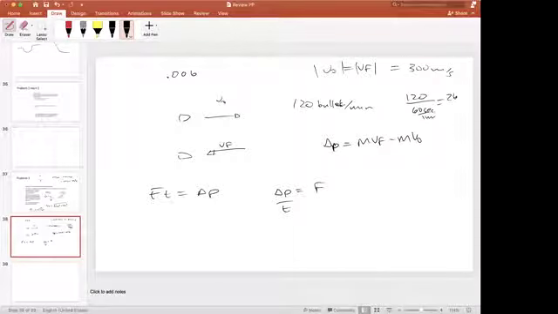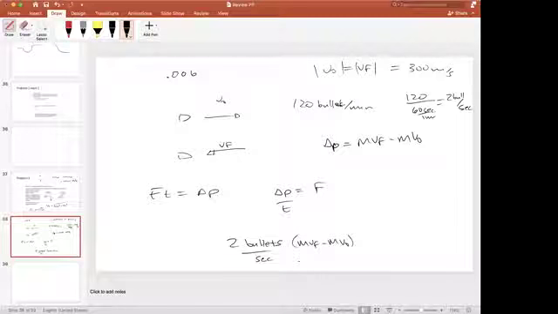To get 2 bullets per second hitting him. The momentum would actually be 2 bullets per second times the momentum of each bullet, which is MB final minus MB initial. And that would be the total momentum per second, equal to the force on him. And you get some number and you find out what that force is.